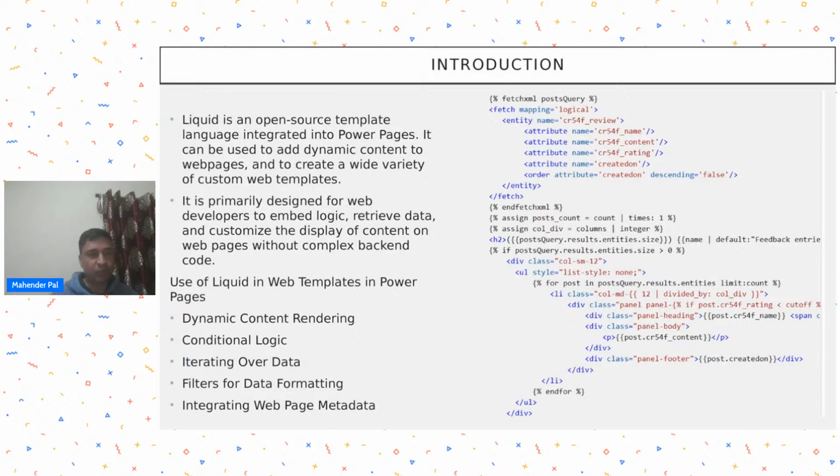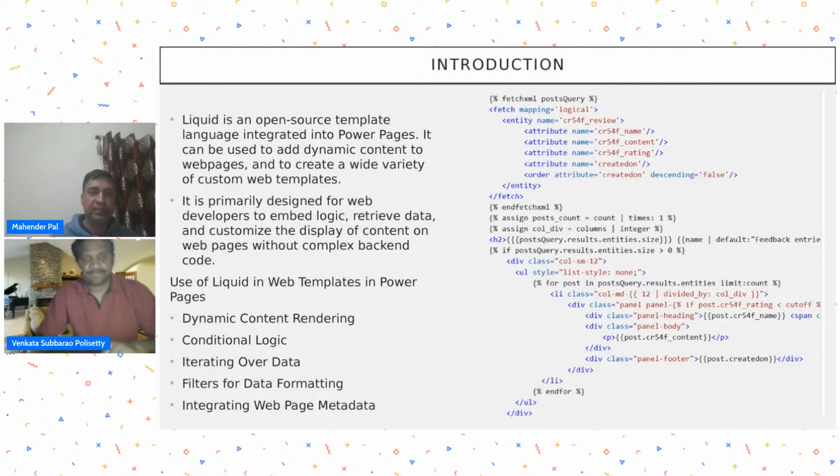As I said, this is used for dynamic content, and it can be related to the page or to some of the tables. If you want to bring data from a table, or put in a condition, such that when this condition is true you perform this action or render this particular content on the page, or if it is false, render a different type of content, we use liquid for that.